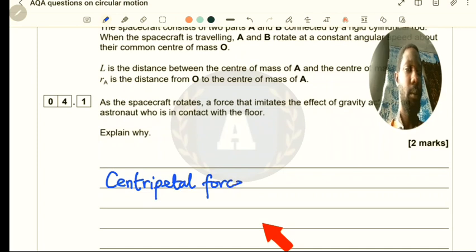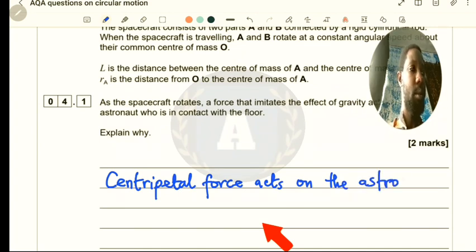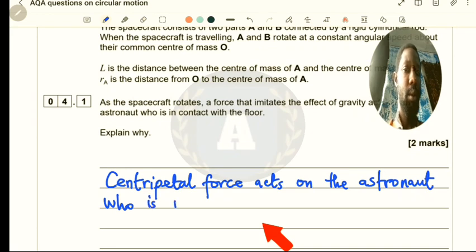Centripetal force acts on the astronaut who is in contact with the floor.